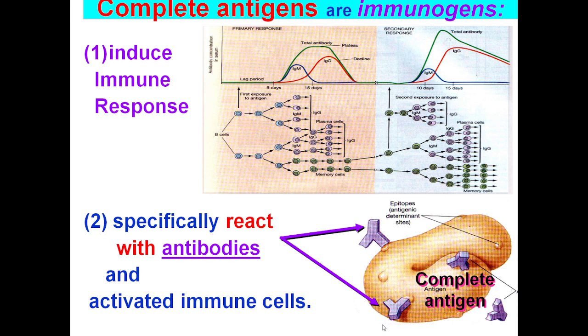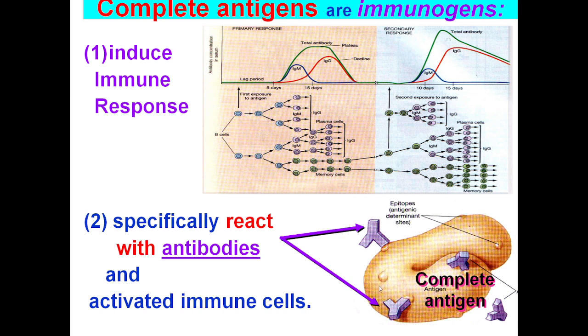Complete antigens. Complete antigens, in the contrast to haptens, are large molecules. Here you see yellow large molecule of protein that has the antigenic determinants on the surface of these bulbs, it's yellow color, that directly react to the antibodies.